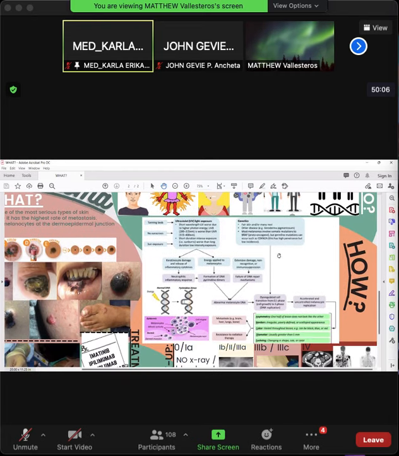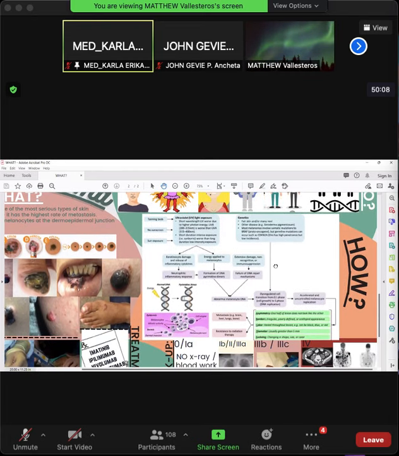So the third question is, how does it develop? There is clear, convincing evidence that sun exposure, and more specifically UV rays, is a major environmental cause of melanoma. In younger men, the most commonly affected site is the trunk, particularly the back.